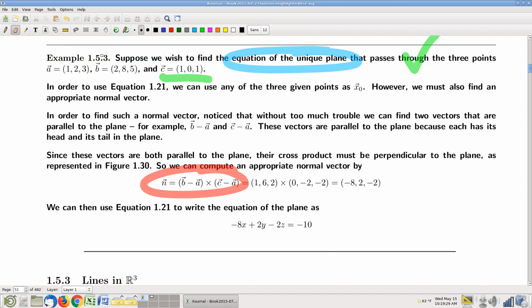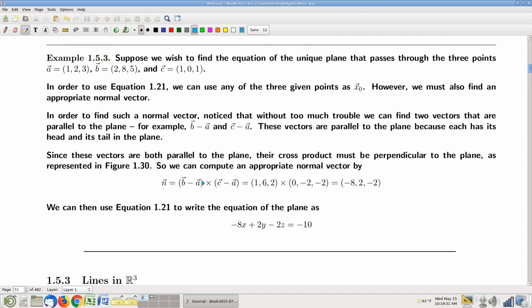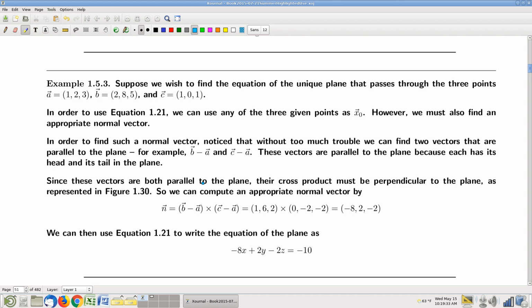Okie dokie. So, by the way, y'all are going to notice on the homework that there are several questions that are, I'm going to say, in this general direction. And what I mean by that is that there is a puzzle component to the question. Namely, it's not going to be, here's the givens, plug them into the formula, chug, right? But it's going to be, here's some information that's not technically exactly what you're looking for.